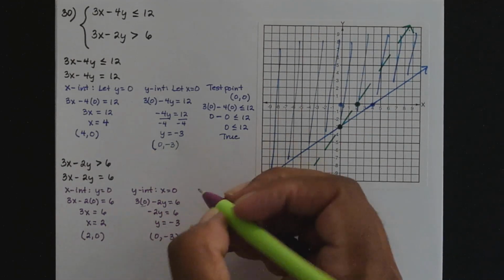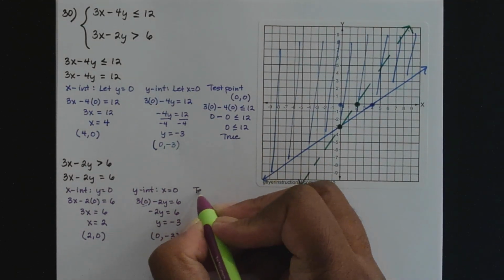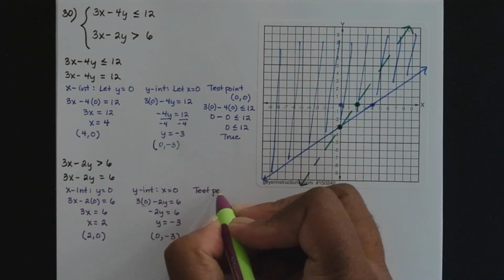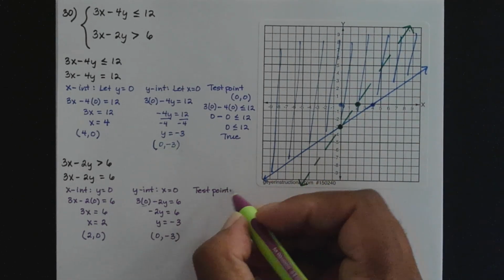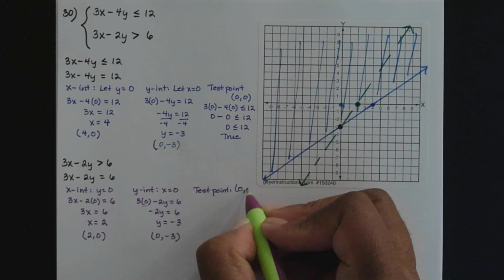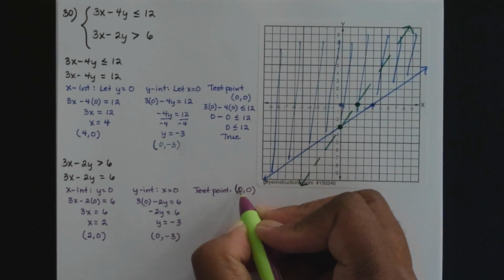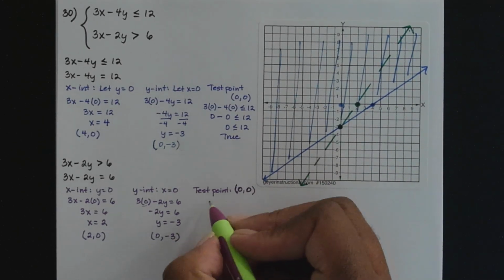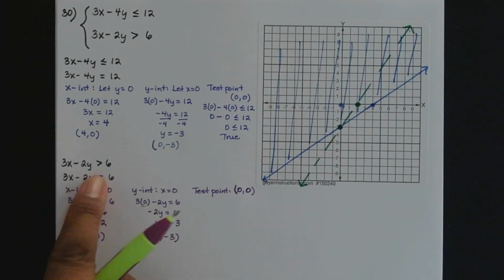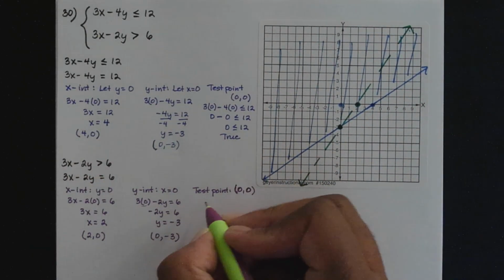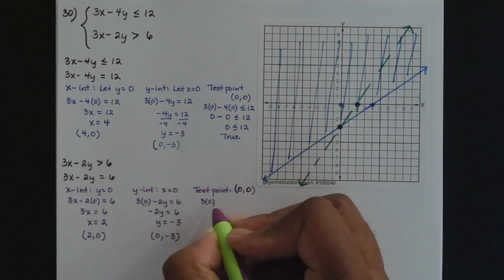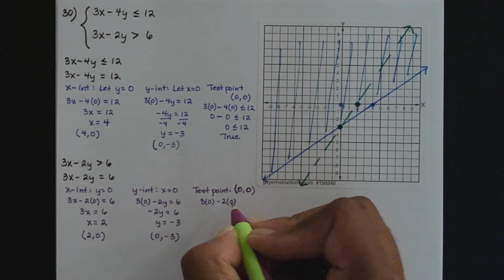And now I need a test point. Again, I'll use 0, 0, since that point is not on that line. And then just replace the x and the y with 0. So this will be 3 times 0 minus 2 times y, which is 0.